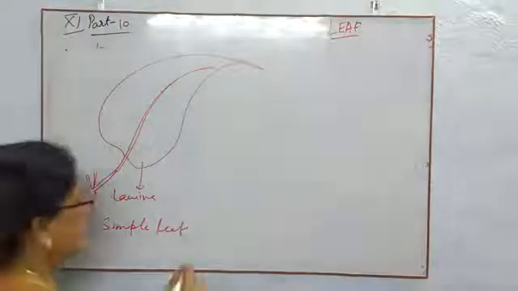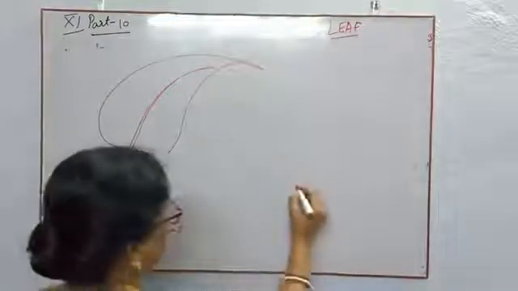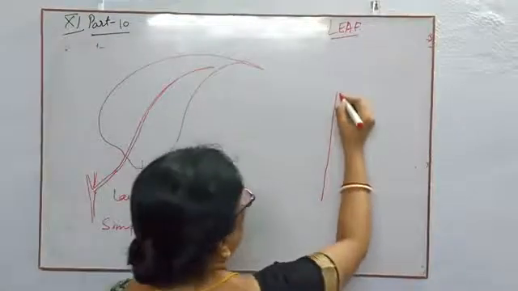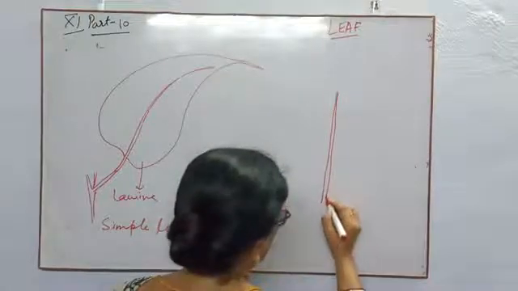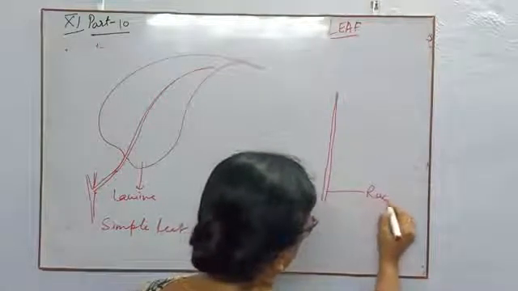When it is divided, that means the lamina will be divided. So the main axis, or you can say the midrib, is known as rachis.